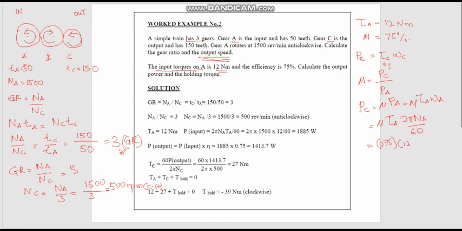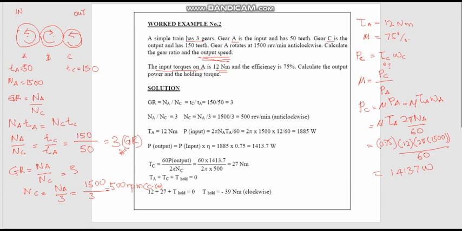So this is 12 times 2 pi times NA, which is equal to 1500, divided by 60. So if you calculate this, then you get the power output equal to 1413.7 watts.